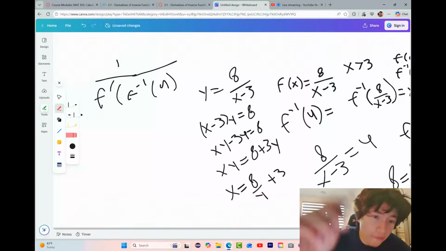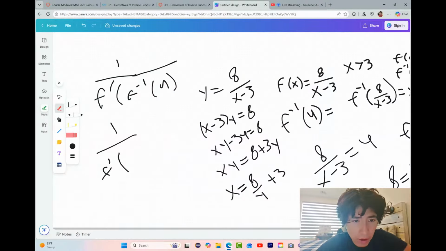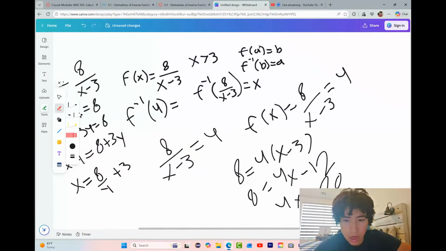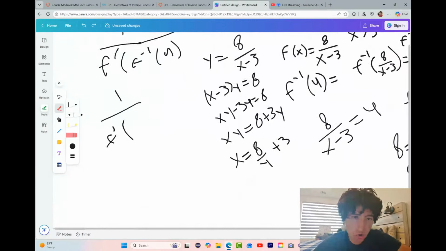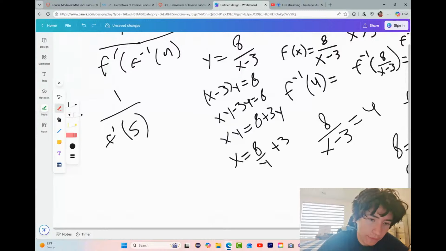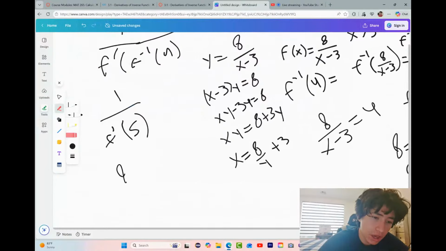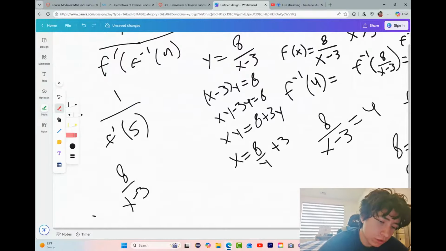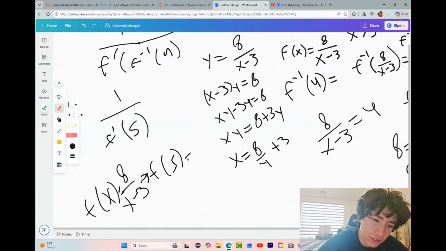4. Perfect. So 1 over f prime of, and we found out x equals 5. F prime of 5. And what's our function? 8 over x minus 3. Sorry, so f of x equals that.